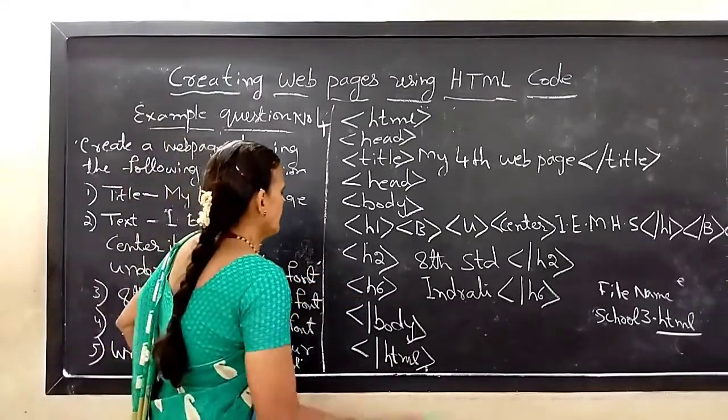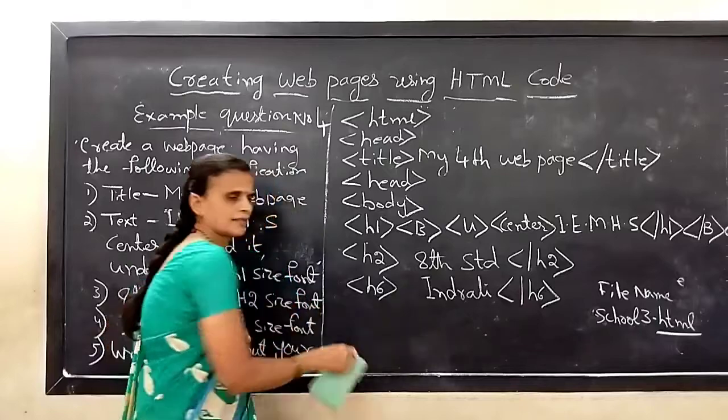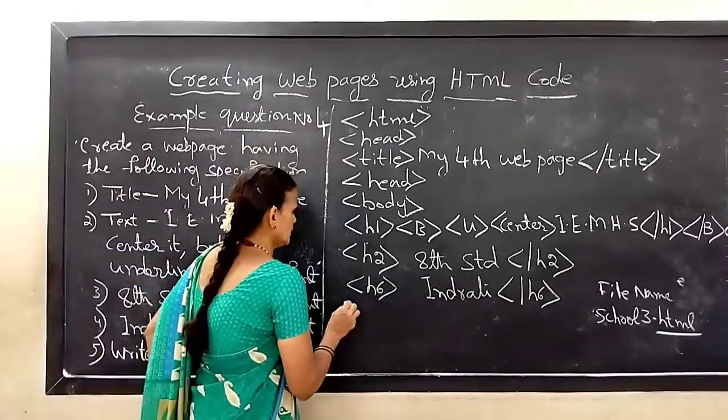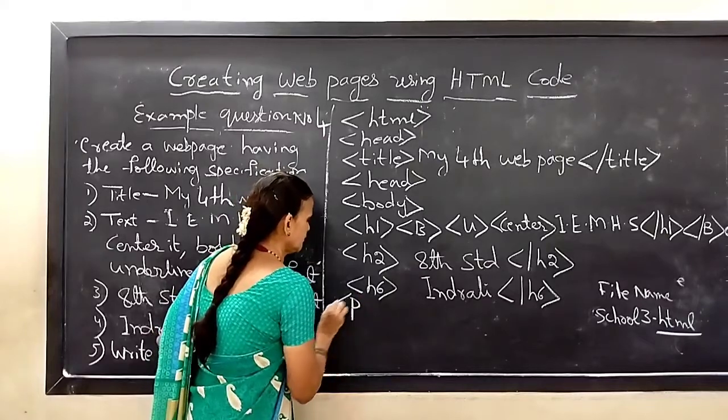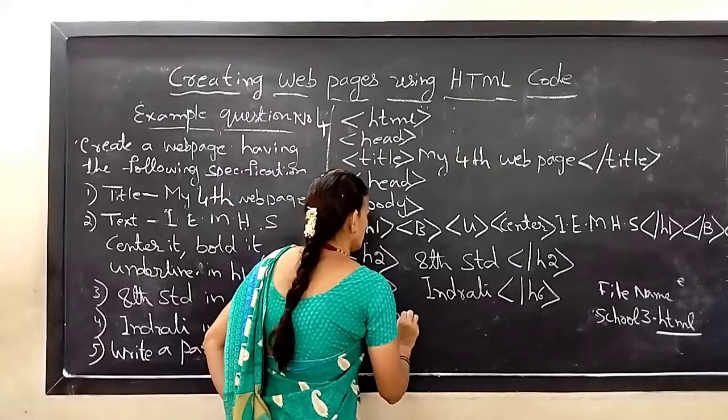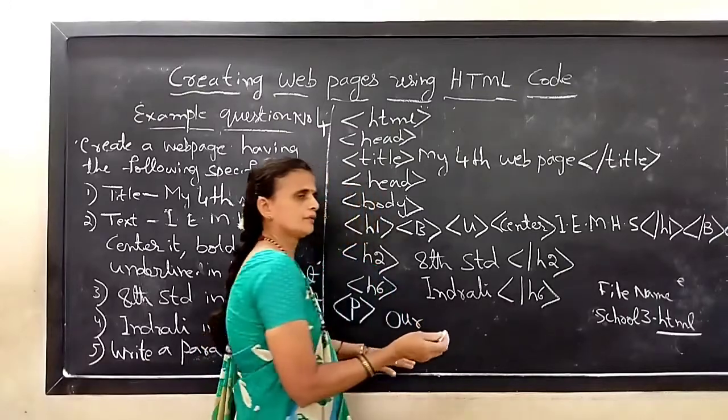Now we want to add a paragraph. So what is the tag we want to use? That you know, that is P. So start writing P in between the tags and start writing about your school.